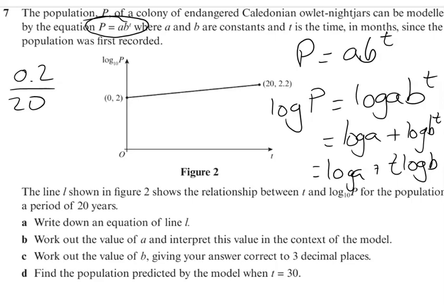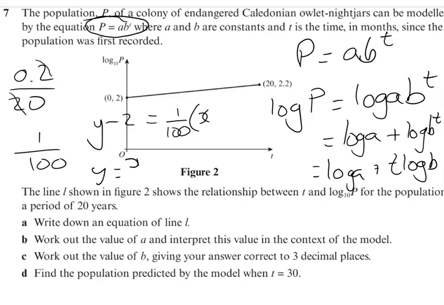And if we multiply, but we can cancel the 2's, that's 1 over 100, I think. And then we can say that it's y minus 2 equals 1 over 100 x minus 0, so just x. So y equals x over 100 plus 2.